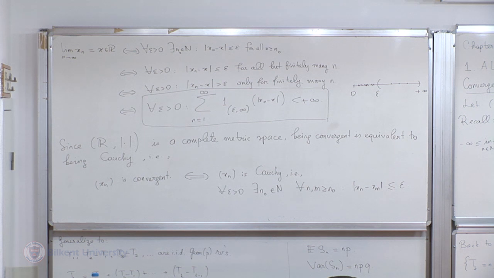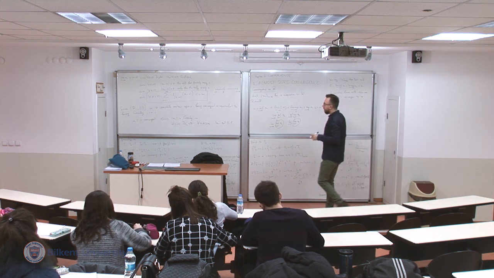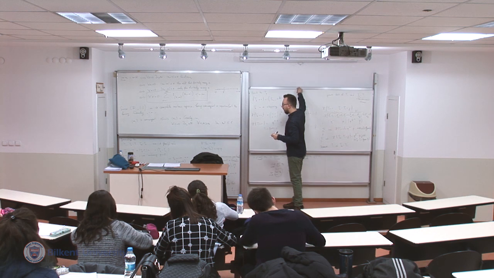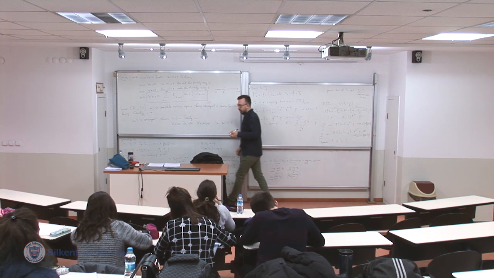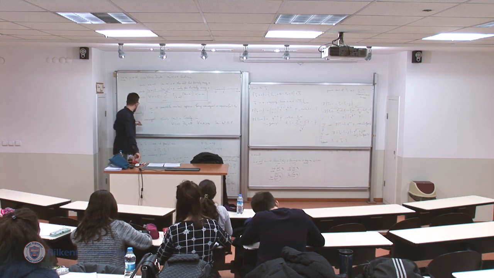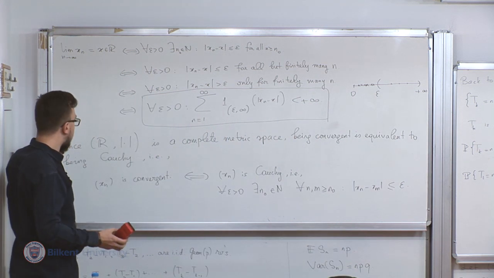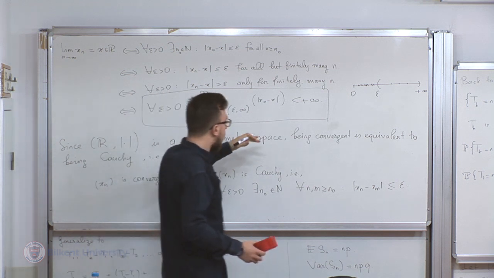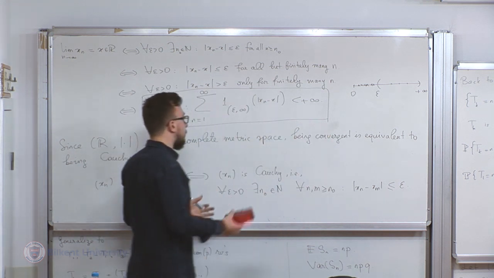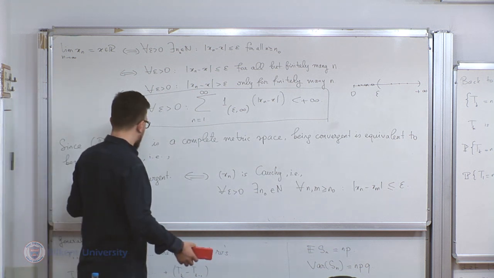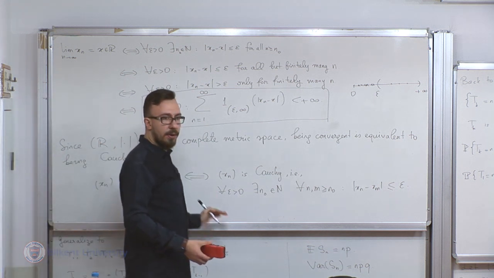You just replace absolute value with some metric. But for now, the real numbers with the absolute value is what we're looking at. Just recalls. If you don't know what a complete metric space is, just ignore this and see it as a fact that we just assume. Convergence is equivalent to being Cauchy, meaning that we have this property. Okay?